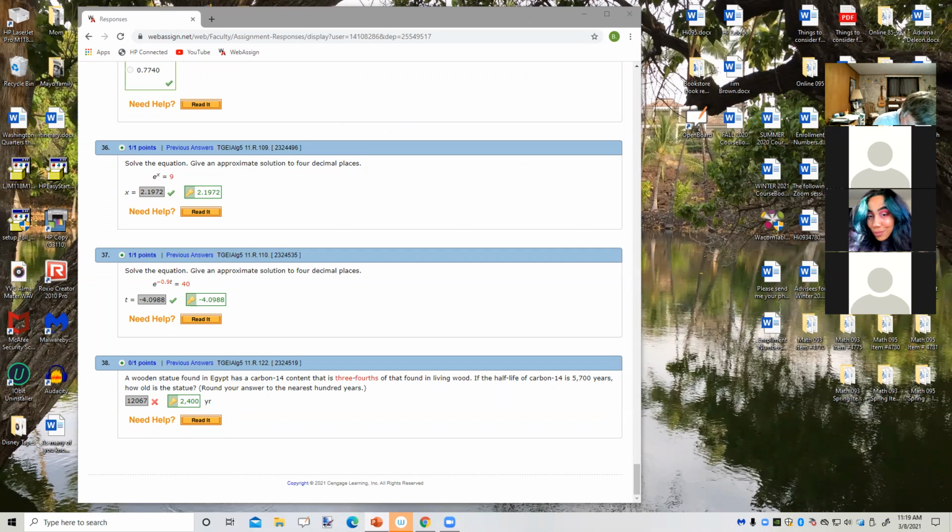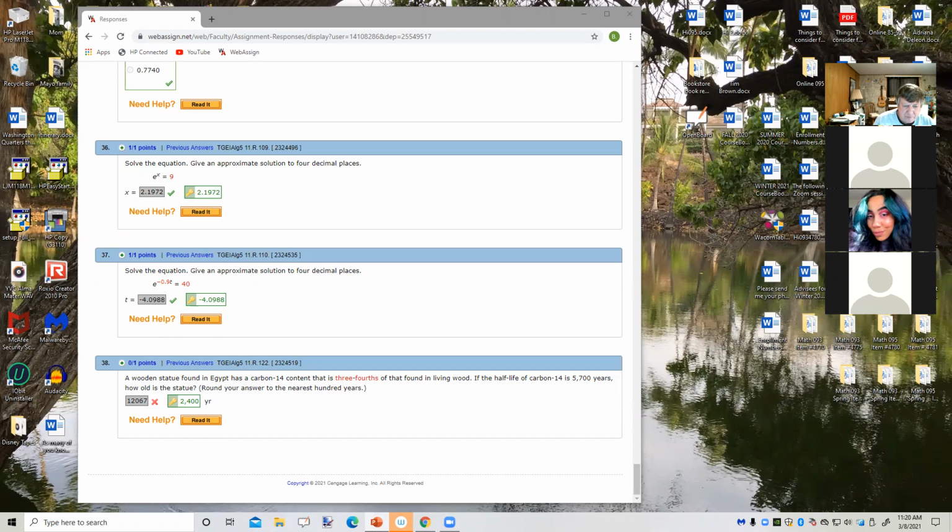Okay, so again, we're going to use A equals A naught 2 to the -t over h power. And we know that the half-life is 5,700 years. And time, how old the statue is, that's what we're trying to figure out.